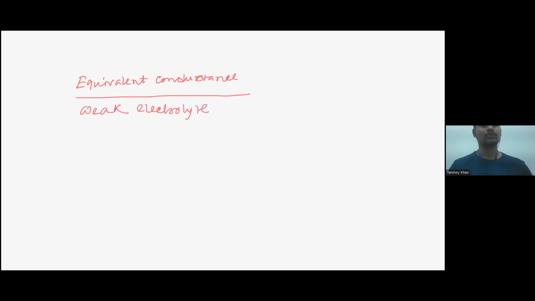Now, if we know a little bit of electrochemistry, there is the equation for equivalent conductance. For a weak electrolyte, the conductance, lambda, is expressed as lambda equals K by root C. You can write it as K by C to the power half, where C is the concentration of the electrolyte.